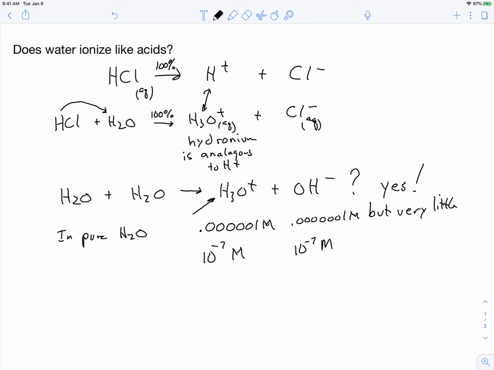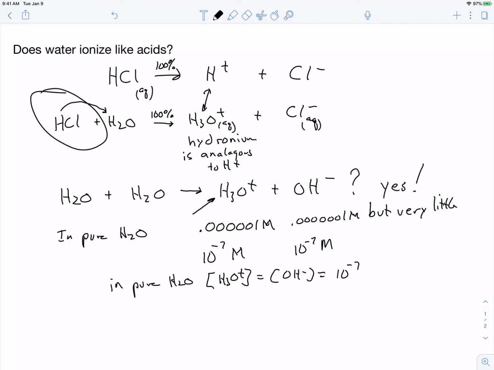So in pure water, the hydronium concentration, that's what those brackets mean, the molar concentration, equals the hydroxide concentration, which equals 10 to the minus 7. That's not the case, of course, in a hydrochloric acid solution, because we would be adding more hydronium.